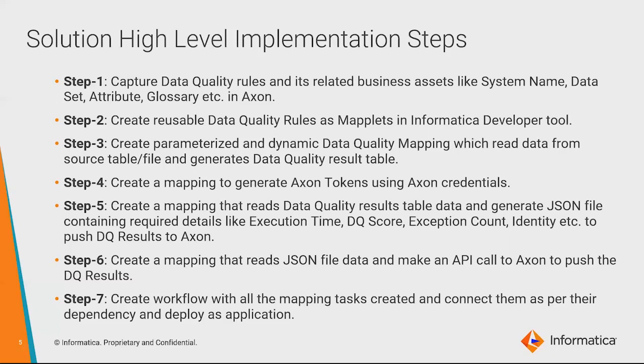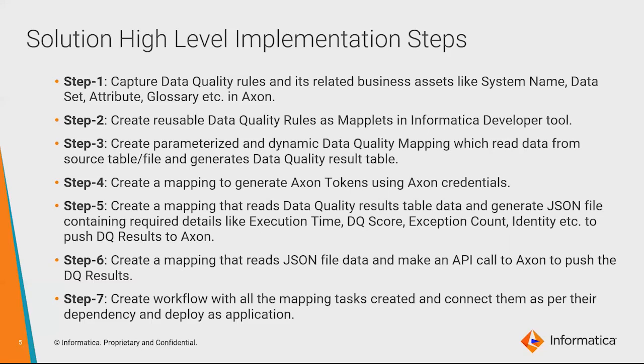Then the fourth step is creating a mapping to generate the Axon token using the Axon credential. Till steps 1, 2, and 3, we are done with all our data quality specific tasks. We have generated the DQ results, and by this time the DQ results will be available to be exposed to a third-party business intelligence tool.